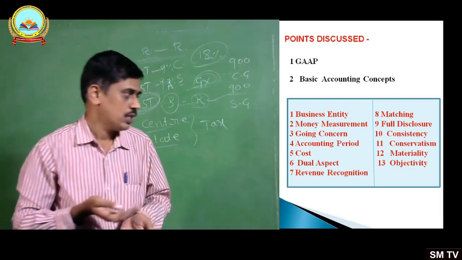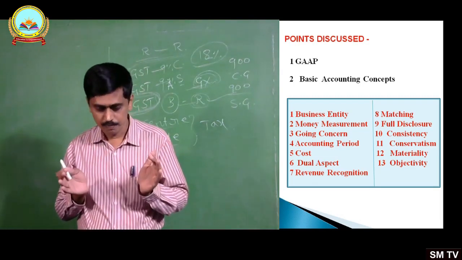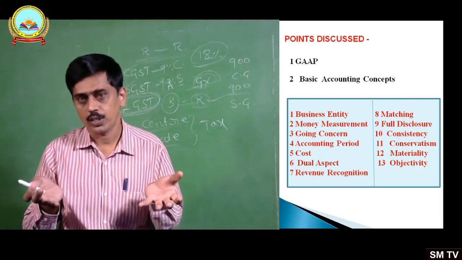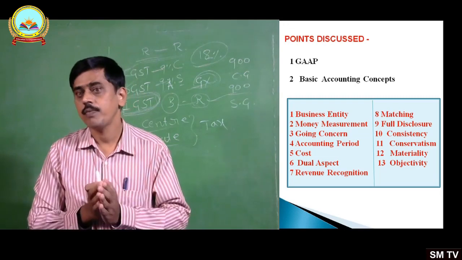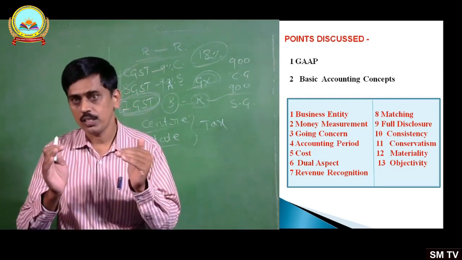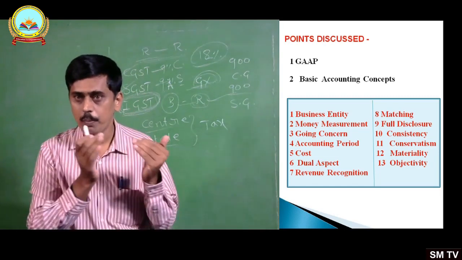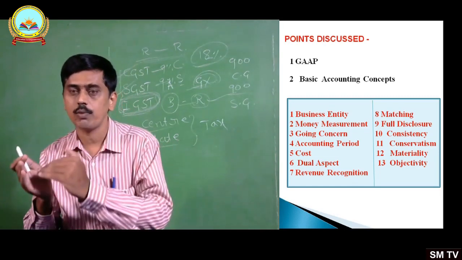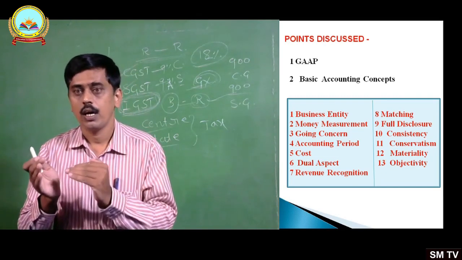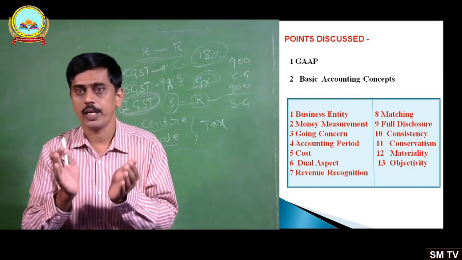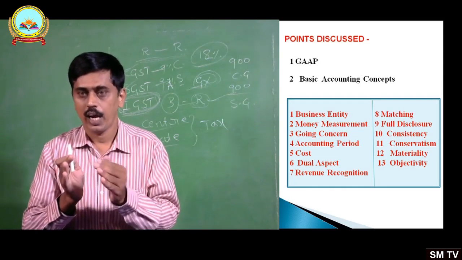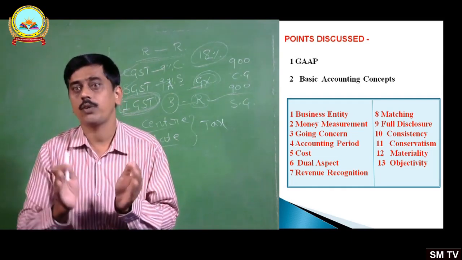Okay. Next, dual aspect concept we have discussed. What it says, every business transaction will have two effects. One is the benefit receiving aspect, and the other one is the benefit giving aspect, and they are technically called debit aspect and credit aspect. And we have seen the accounting equation also.